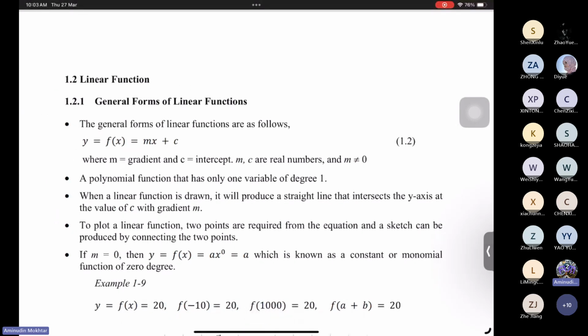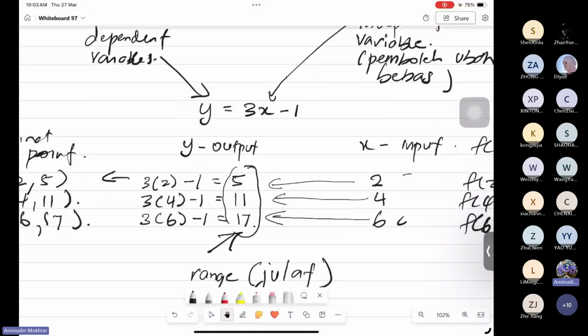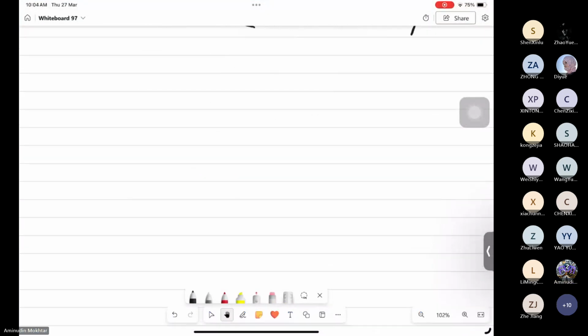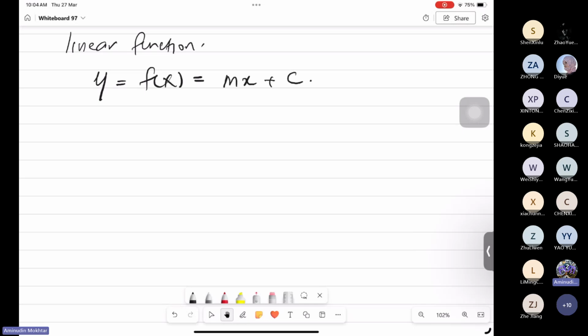In general, the linear function can be written as y equals f(x), or f(x) equals mx plus c. That is the general form of a linear function.